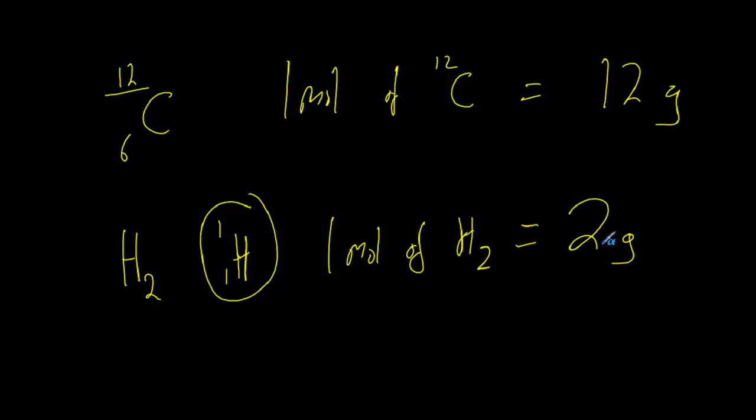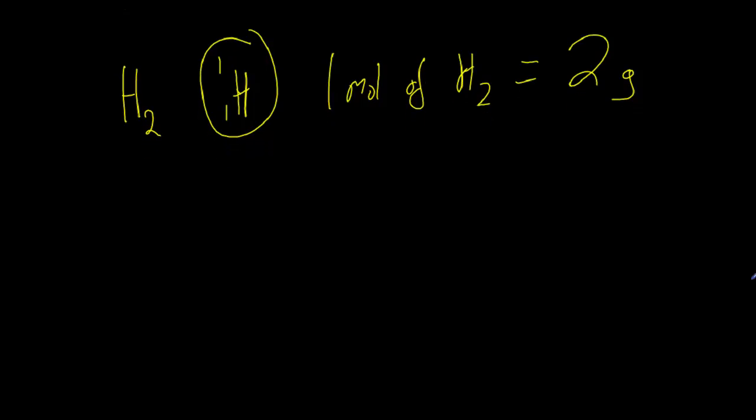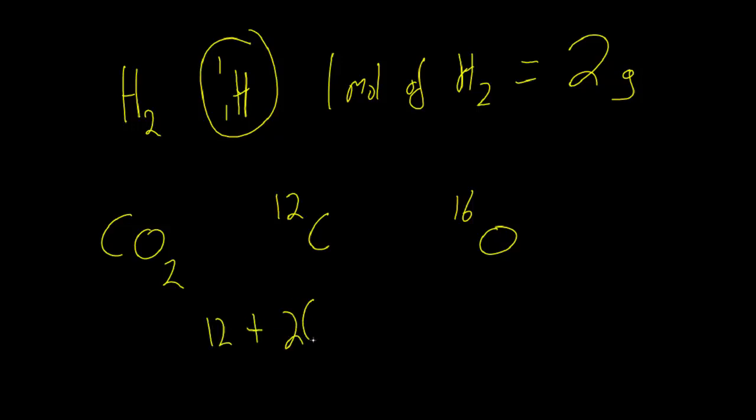Okay, lastly, what about carbon dioxide? CO2. If we go to our periodic table, you can look that up, but I'm going to tell you that carbon has a relative atomic mass of 12. Oxygen has a relative atomic mass of 16. We have 2 oxygens, so we have 12 plus 2 lots of 16, which is 12 plus 32, which will give us 44.